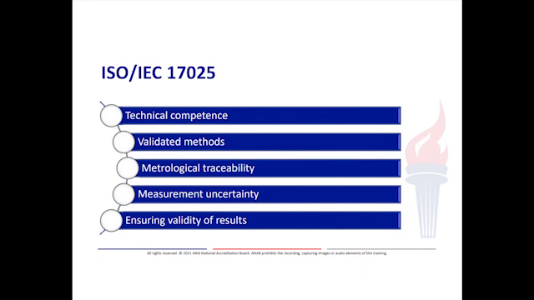And by validated, that means that they've been shown to consistently produce valid results time after time after time that are replicable. We also have to show that we have, in the case of dimensional measurement, metrological traceability back to international standards and national standards of measurement.